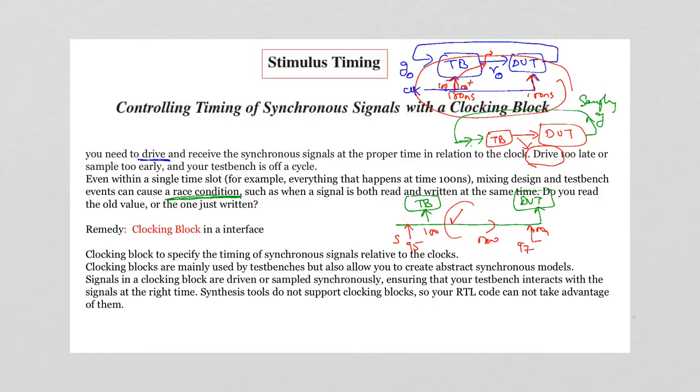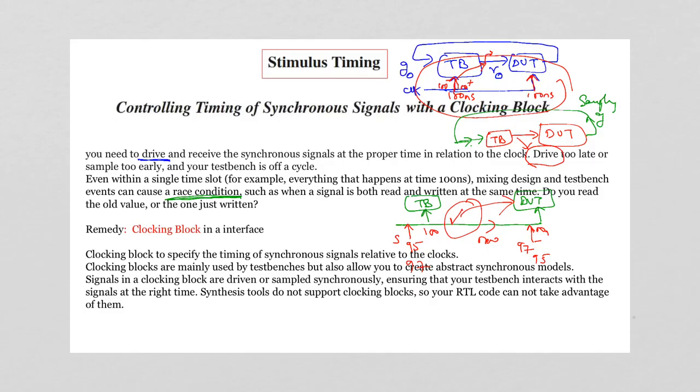So the updated value of input is applied to DUT. If instead you are sampling at 97 and you are driving, your DUT inputs are sampled at 95, then the old values are going to be given to the DUT.